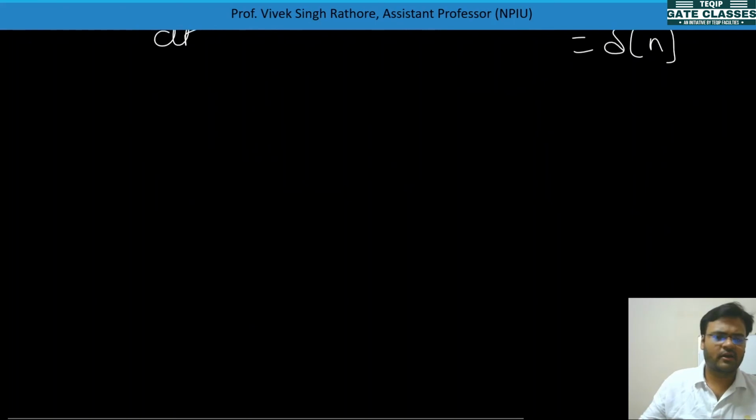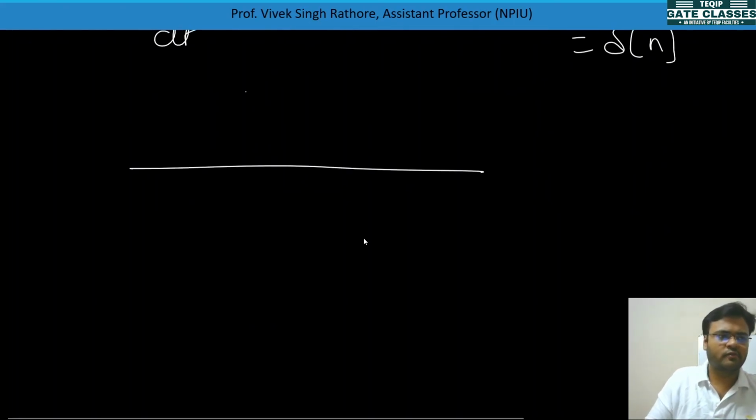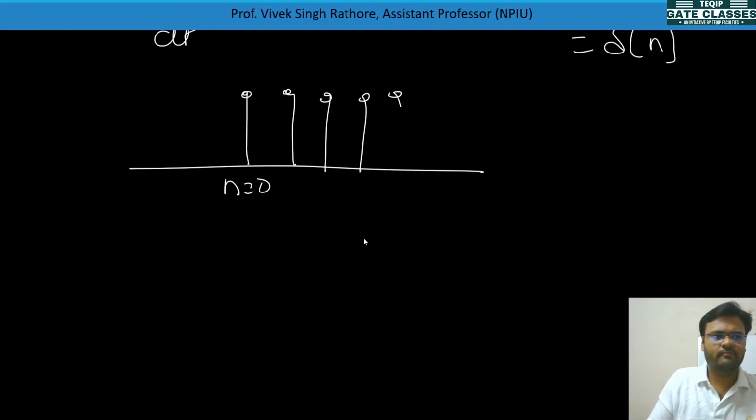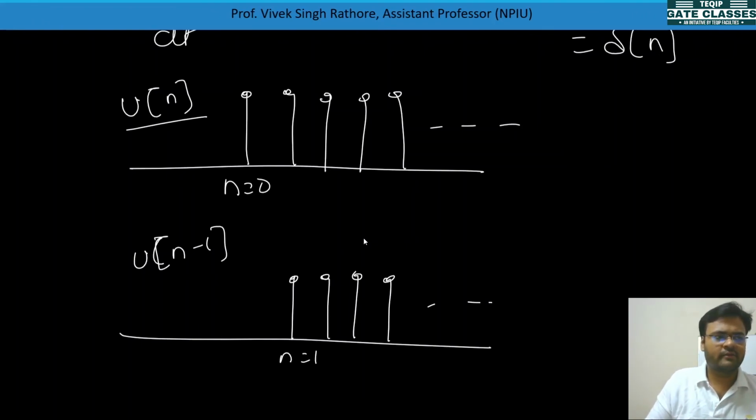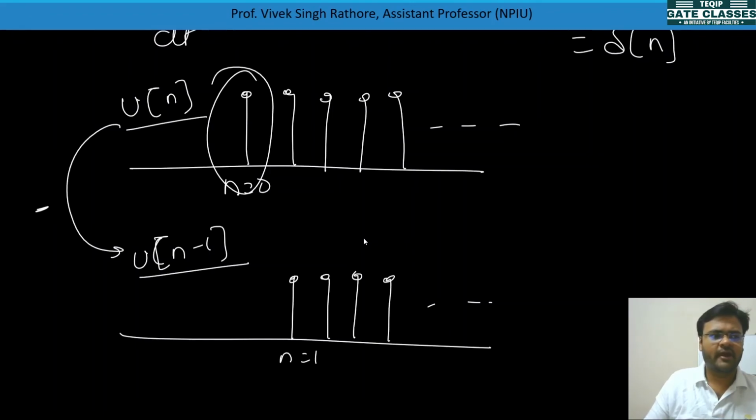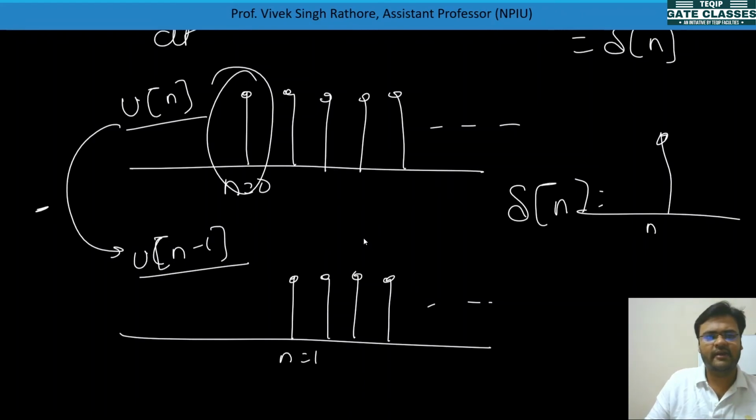You can see how: u of n has values from n equal to 0 and goes on, and u of n minus 1 has values starting from n equal to 1 and going on. When you subtract u of n minus 1 from u of n, all the values cancel and only one value remains, and our delta n is also supposed to exist at n equal to 0 only.